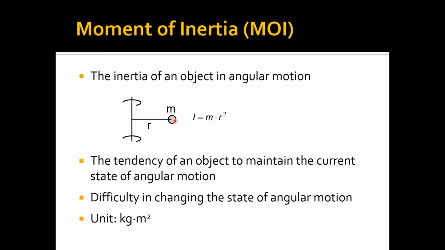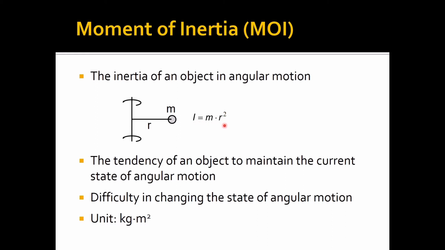And r means the separation distance between this mass particle and the axis of rotation. So this mass particle will rotate about this vertical axis, something like this. Okay, rotation. And here I means moment of inertia. So moment of inertia is equal to mass m times r, the separation distance, squared. This is the formula we can use to calculate the moment of inertia.